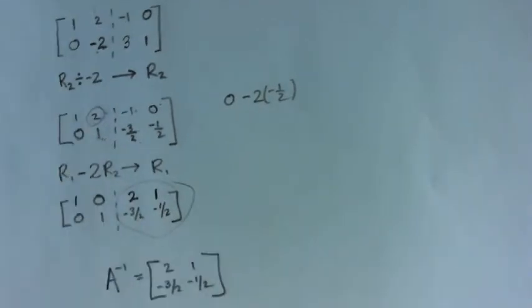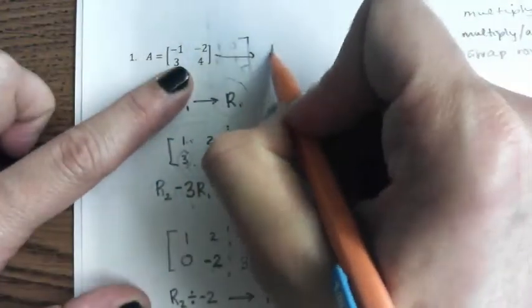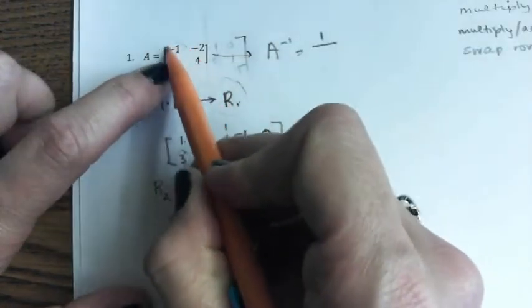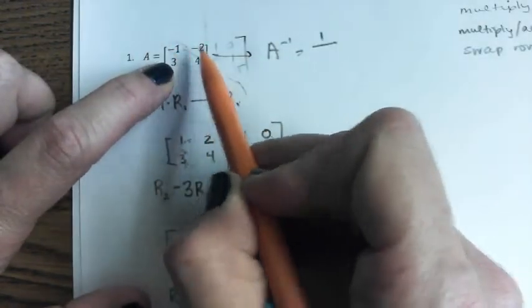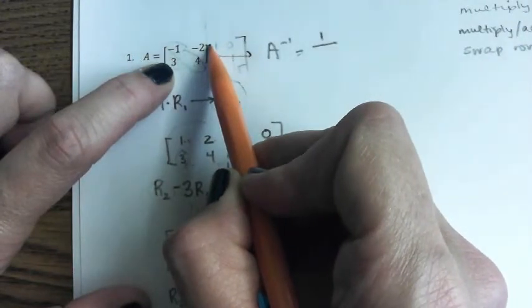Now, I started with this easy one for 2 reasons. Number one, it's a tough concept to wrap your head around, so I figure starting with a 2 by 2 is easier than anything bigger. Also, we know the alternative way of finding an inverse. We just learned yesterday that to get the inverse, we do 1 over the determinant, which is negative 4 minus negative 6, negative 4 plus 6, right?